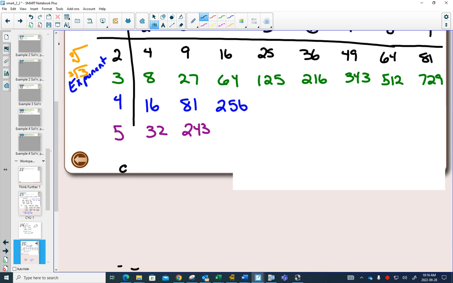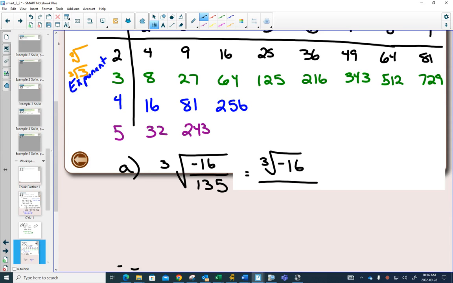We'll go to part A here. And we had started with cube root of negative 16 over 135. So first of all, we can separate this and try to do the top and the bottom separately.